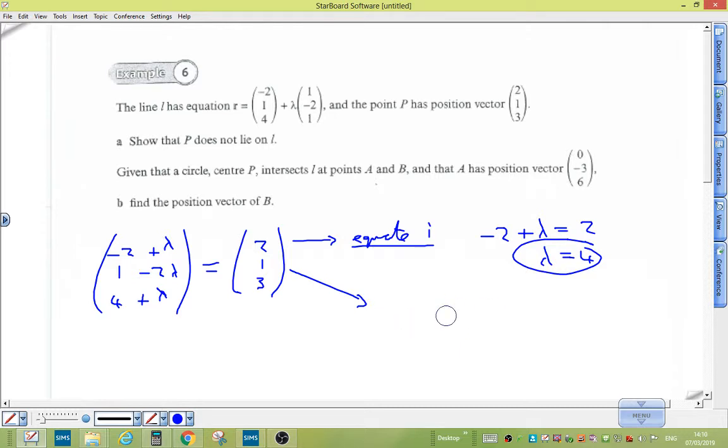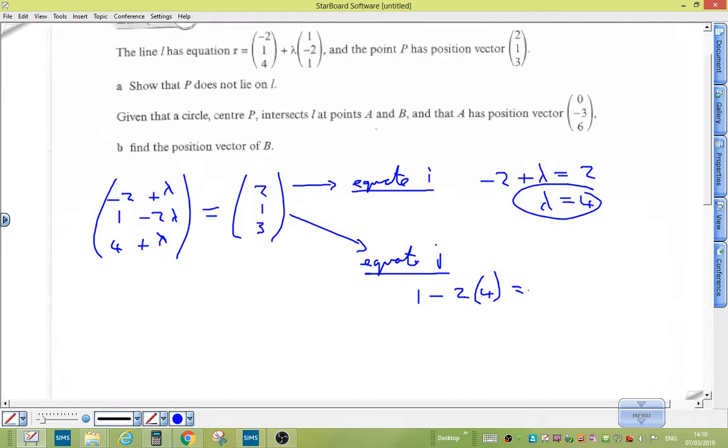So I suppose you ought to formally write it down. So equate j's, you end up with 1 minus 2, and instead of lambda now I can put 4, and that will give you minus 7, and you can clearly say that minus 7 does not equal 1.